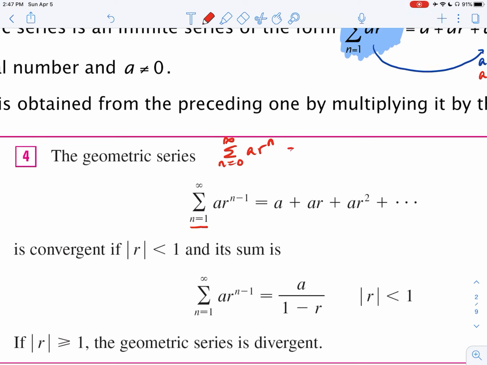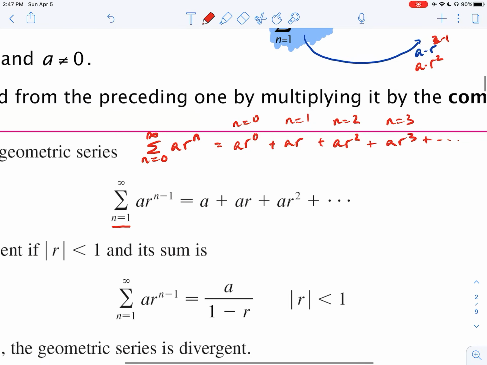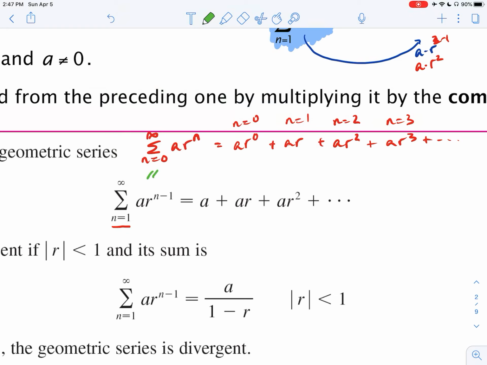Because if we started with n equal to 0, we would have a times r to the 0, plus a times r to the first power. If we had n equal to 2, we'd have ar squared, n equal to 3, ar cubed, plus dot, dot, dot. And you can see that these two series here are equivalent.